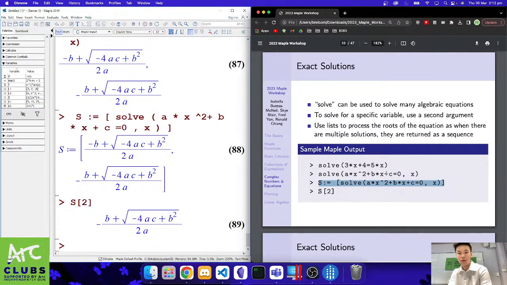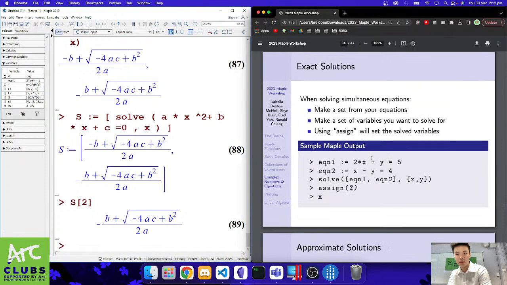Okay, so exact solutions. Now, again, if we have two equations and two unknowns, normally you would solve those two equations using simultaneous equations. Maple can also do that for you.